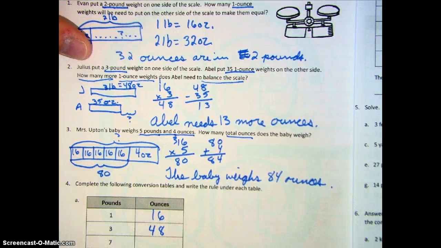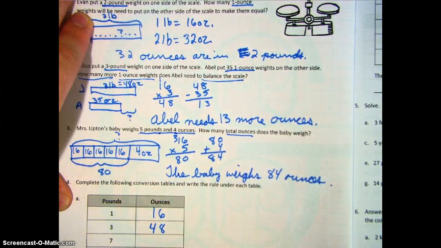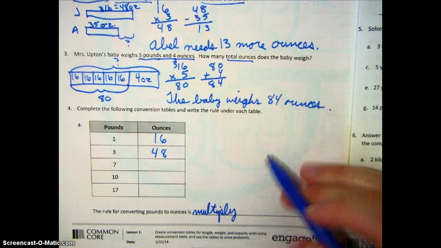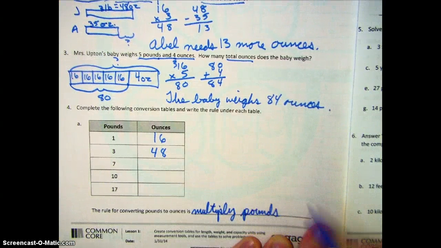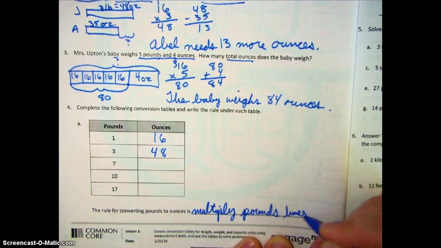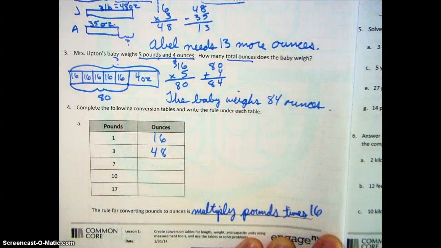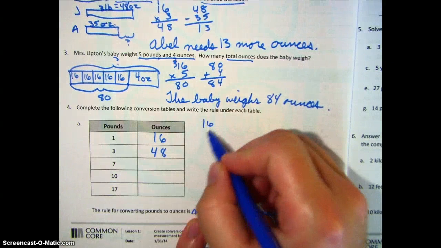So the rule here for converting pounds to ounces is to multiply pounds times 16. Okay. So now we can go ahead and convert some of the rest of them. Okay. So 16 now times 7.